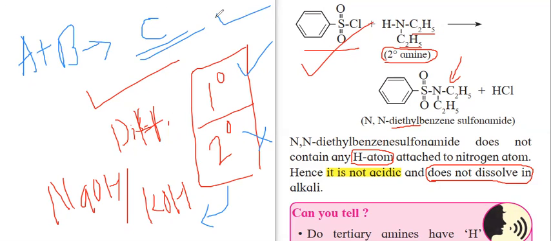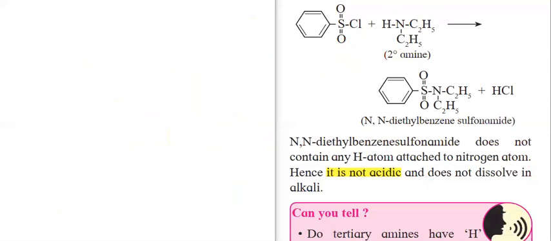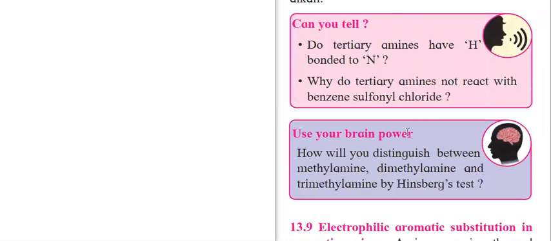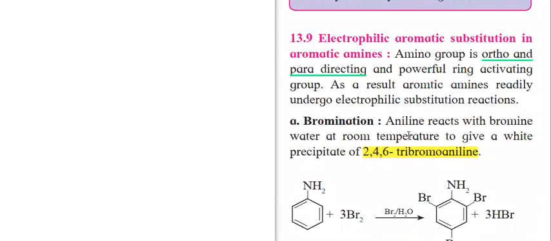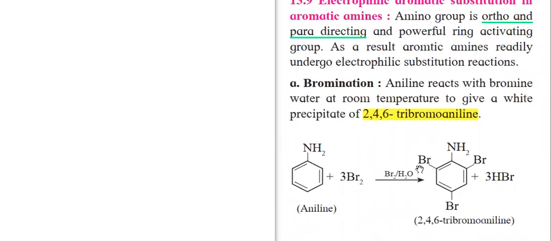And if it gives a negative test for the Hinsberg reagent, or it does not dissolve in the Hinsberg reagent, then the product is a secondary amine. Most of the time the question is asked in this form for CET and NEET. You have to keep this in mind. This is a differentiating test.